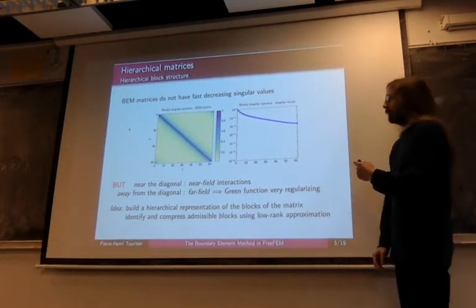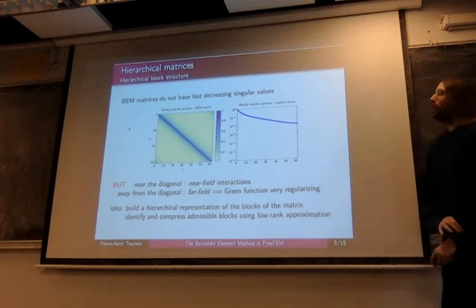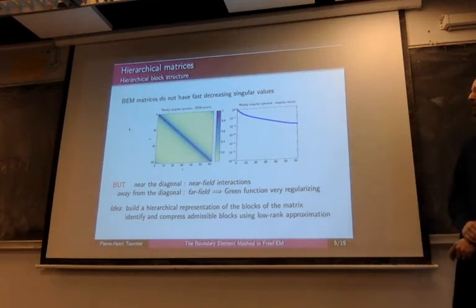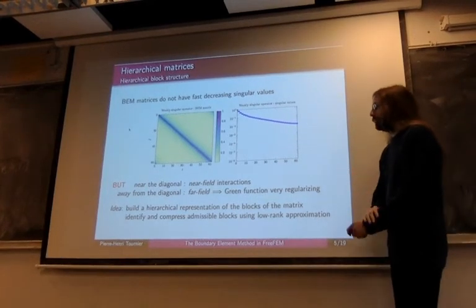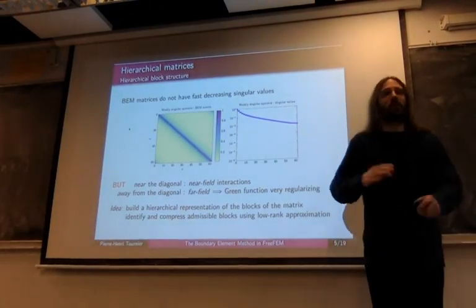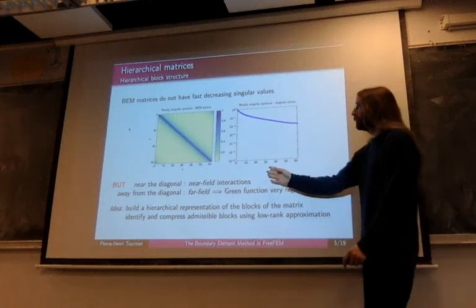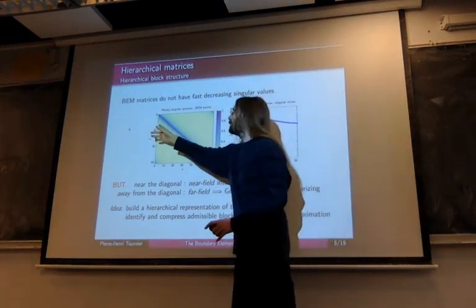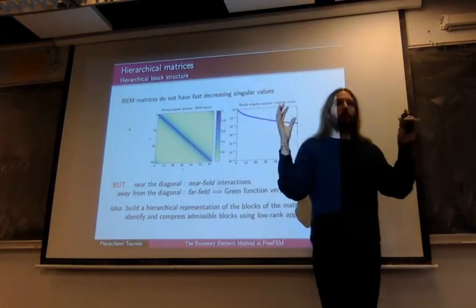And so this is bad for us, but what is interesting for BEM matrices, such as this one, is that you have kind of 2 types of interactions. You have near-field interactions, that are interactions that correspond to 2 sets of degrees of freedom that are close to each other in the mesh, for example.